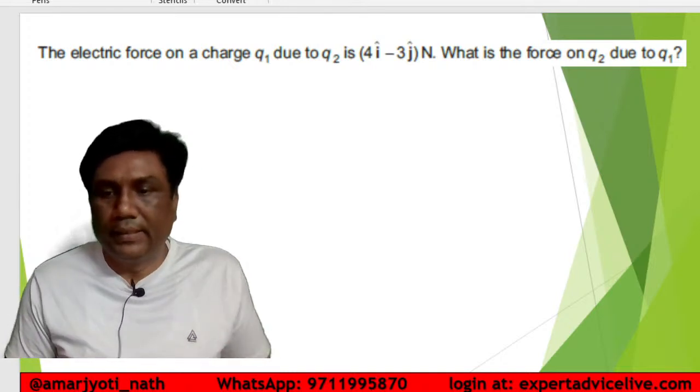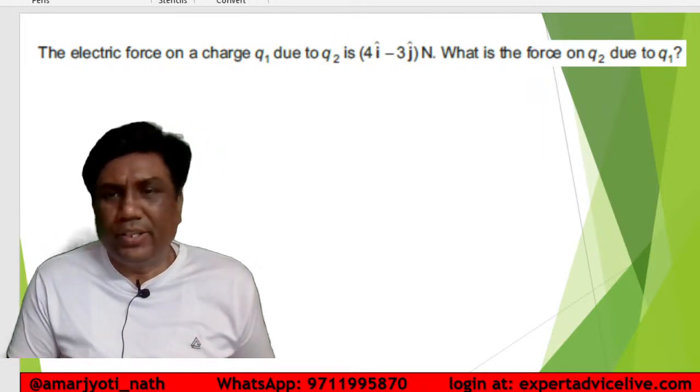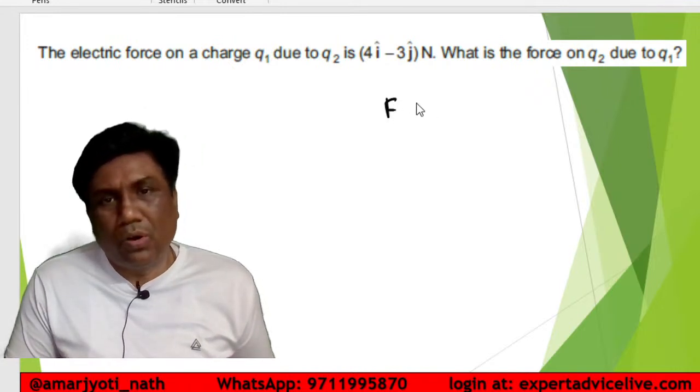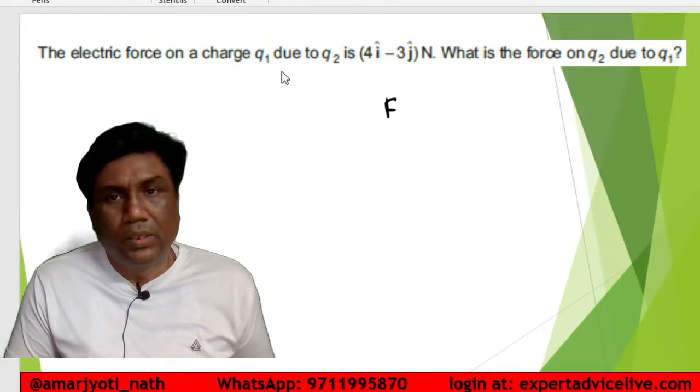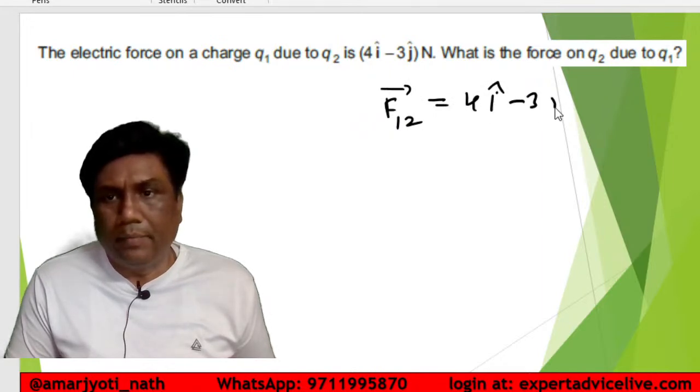The answer will be very simple, because I have already discussed it is an action reaction pair only. Force on 1 due to 2 is given as 4i cap minus 3j cap.